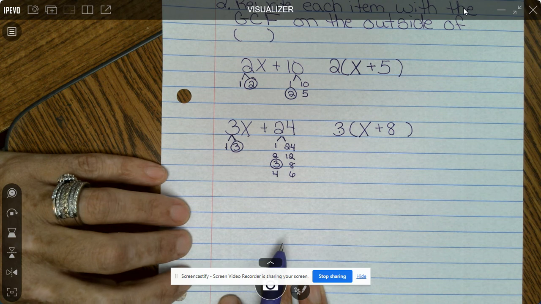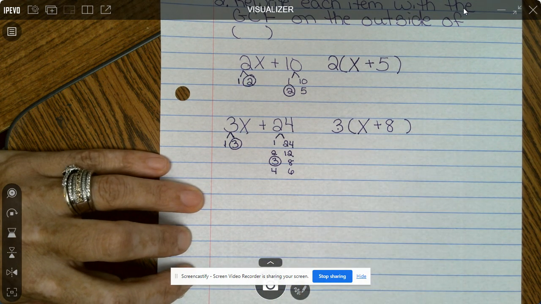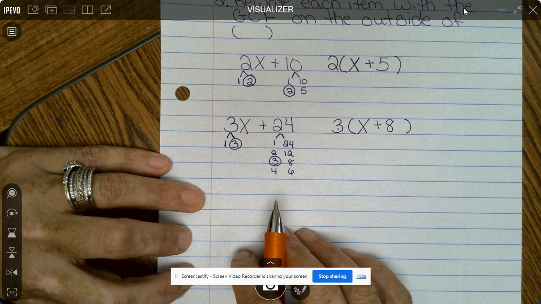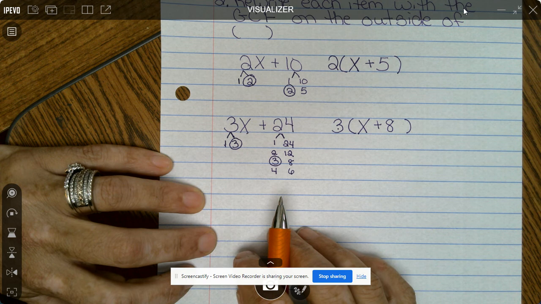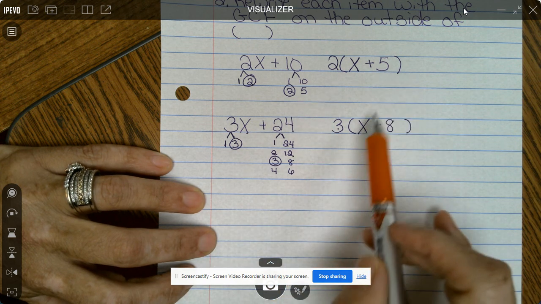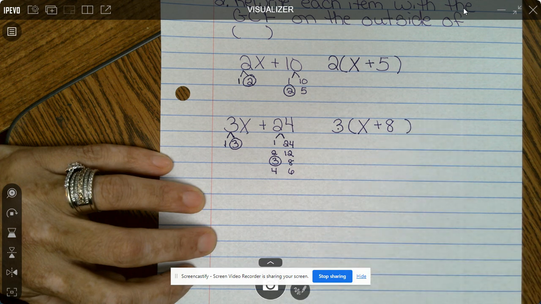All right. Now you can always go back to double check. In today's assignment, I'll also, oddly enough, give you extra credit if you go back to double check your work. How do you think you can check your work if you're undistributing it? Distribute it, right? So let's take a look.